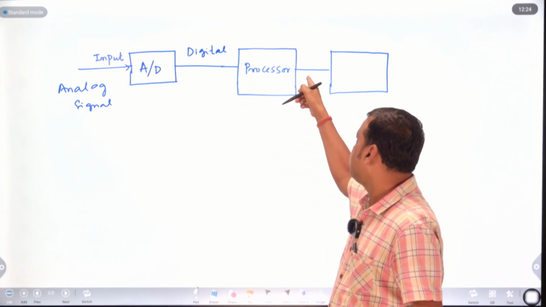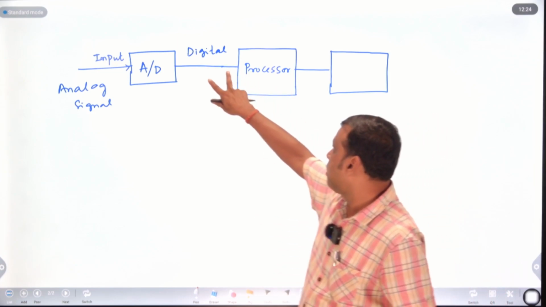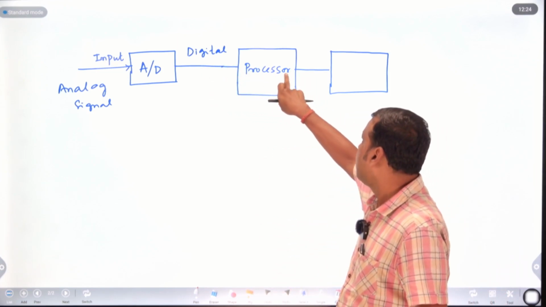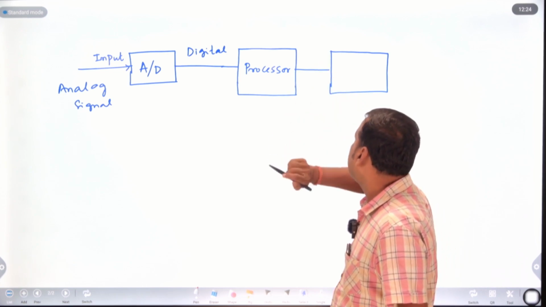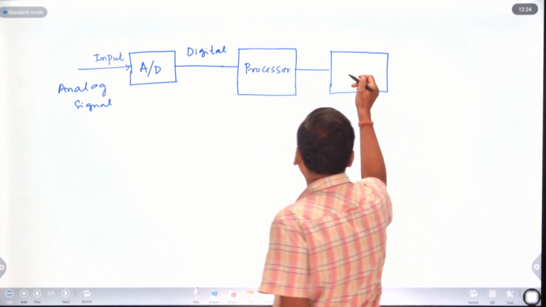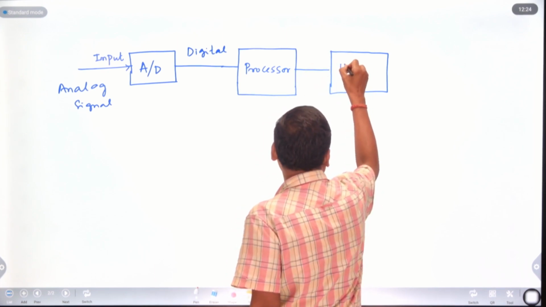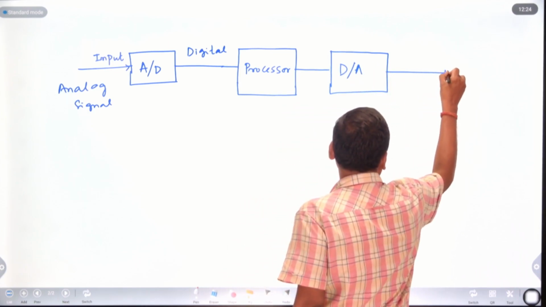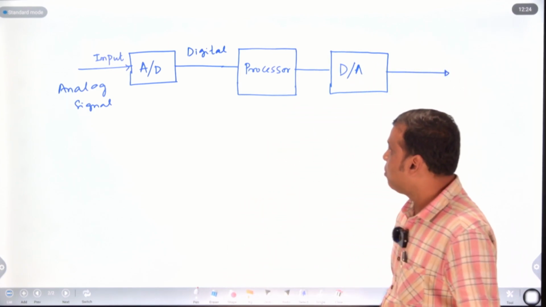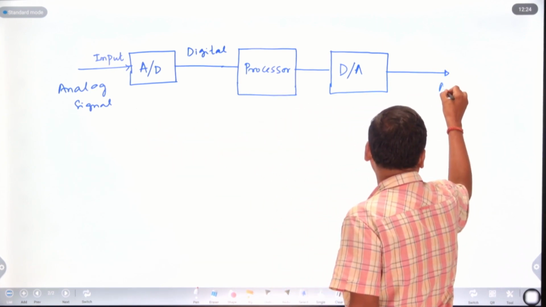At the output of the processor we will get some useful information, our required signal. This is still in digital form. Then we convert it with a D to A converter and you will get your original signal. So with analog input, you also get analog output.